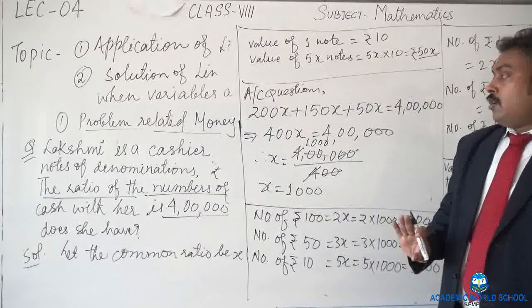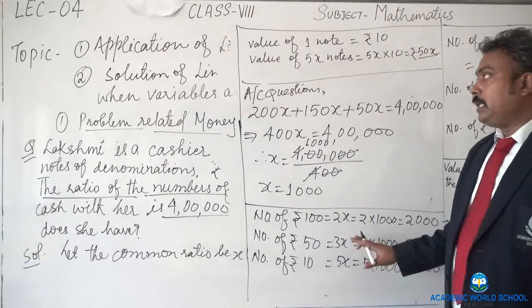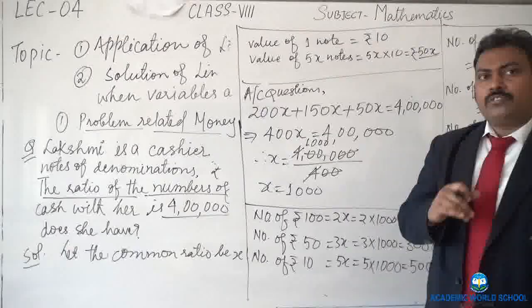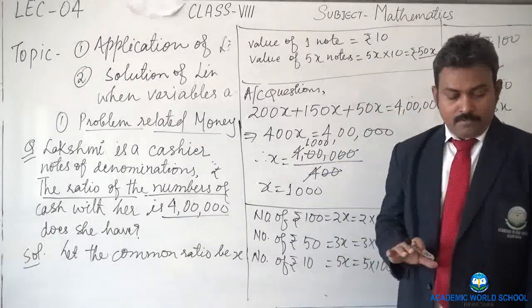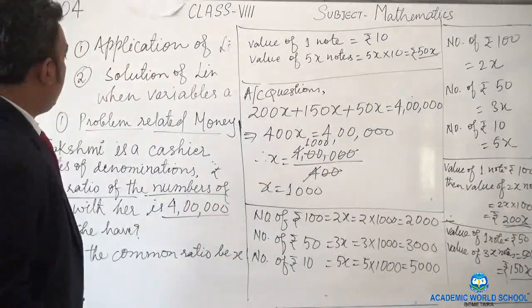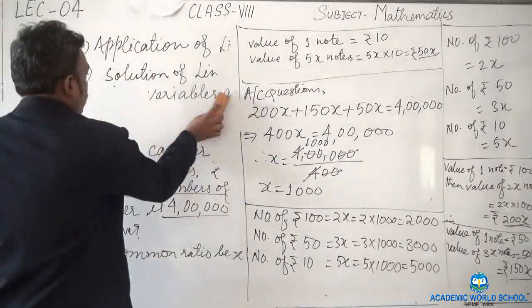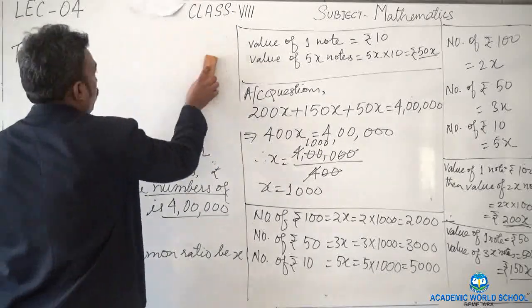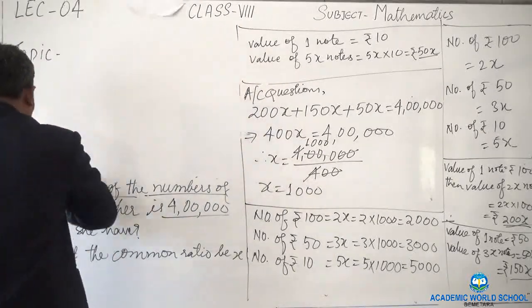Okay? So I hope you have understood this one. Now I am going to tell you one more example, so that we can understand it in some more valuable way.